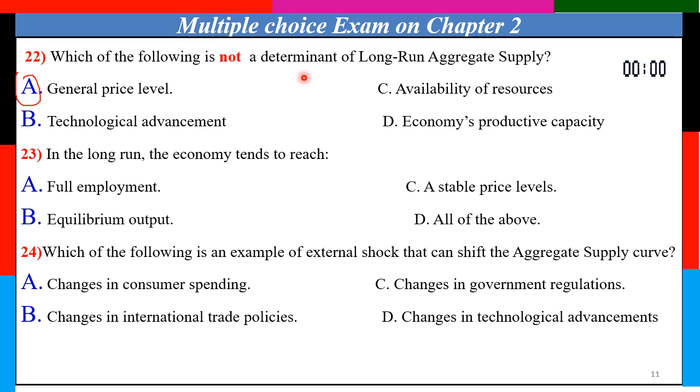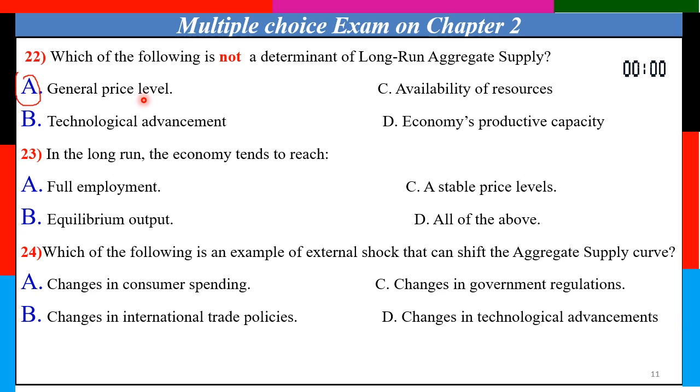Because of this, any change in the price cannot affect the long-run aggregate supply. In the long run, aggregate supply is affected only by technological advancements, the availability of resources, or if the economy's productive capacity is changed. But the general price level is neutral in the long run.